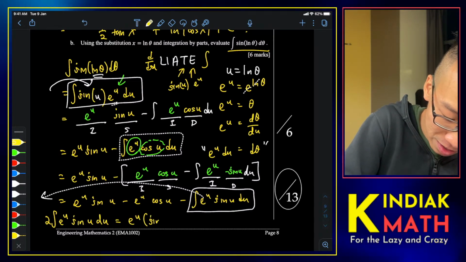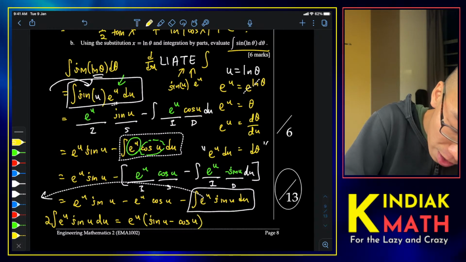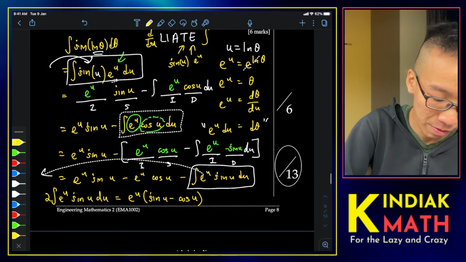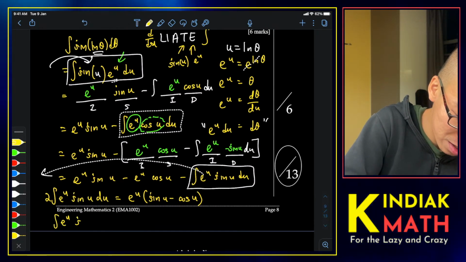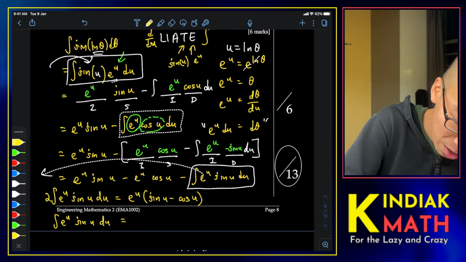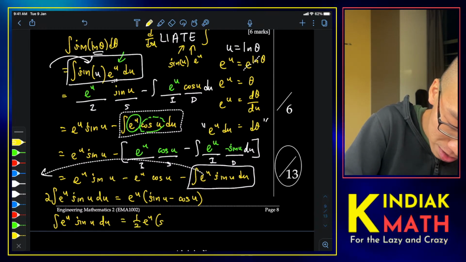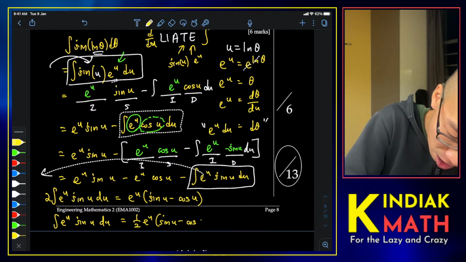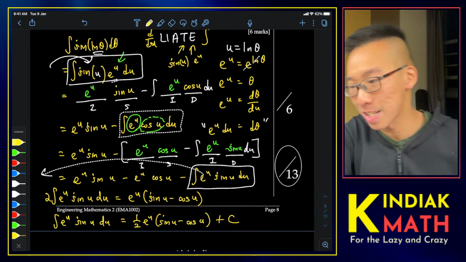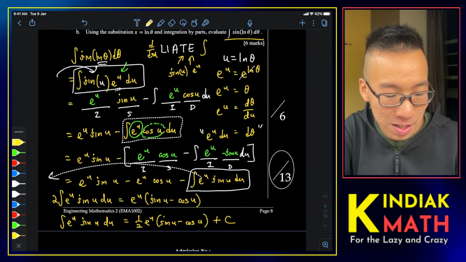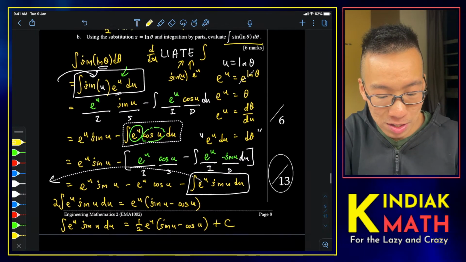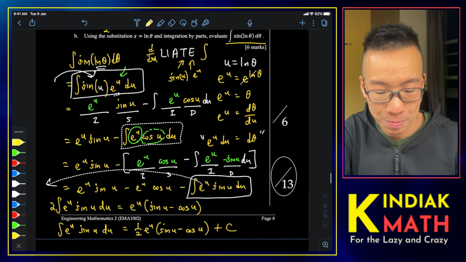Let's do a bit of factorizing. And finally, we can divide by 2 on both sides to get our answer plus c. Yes, you cannot forget the plus c when doing the integration by parts.